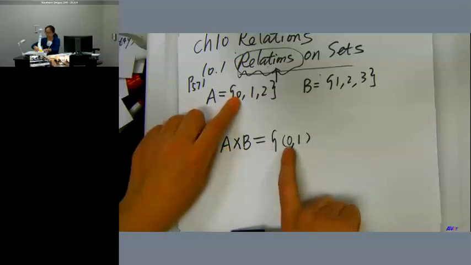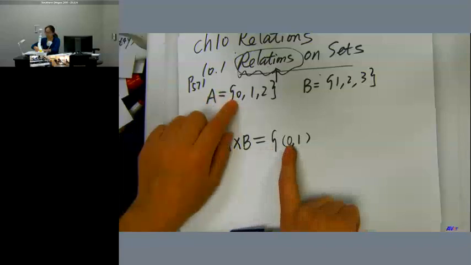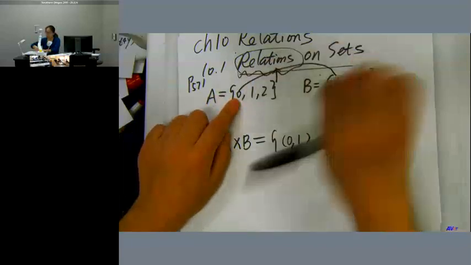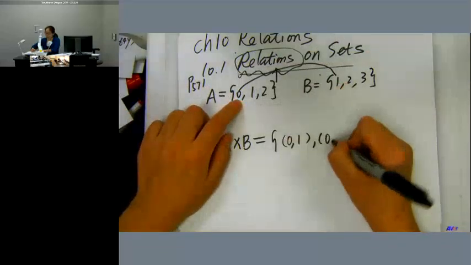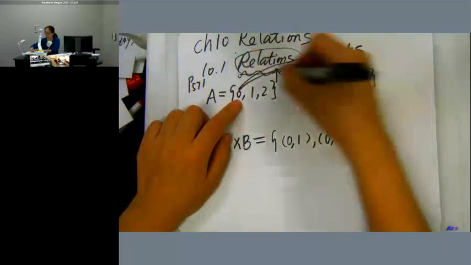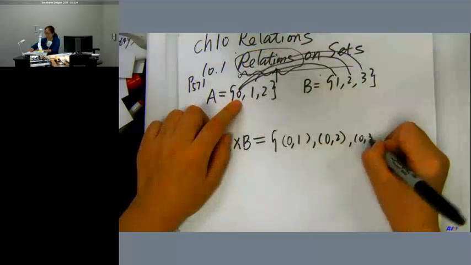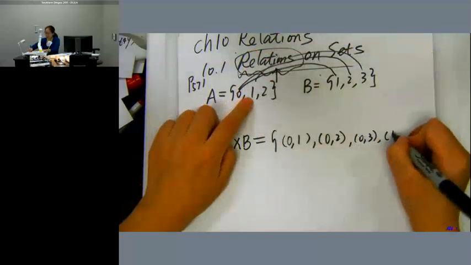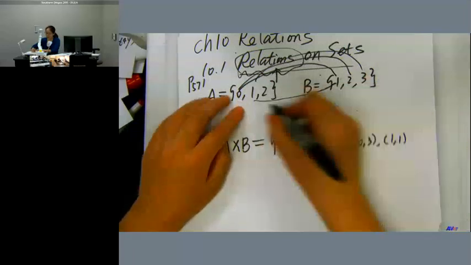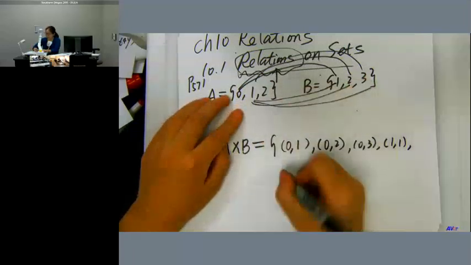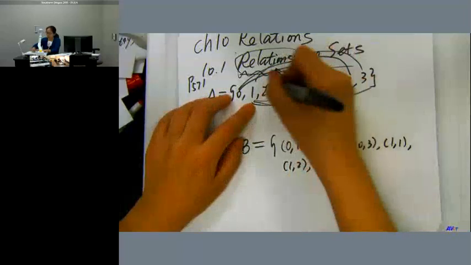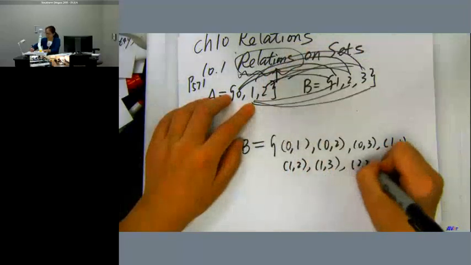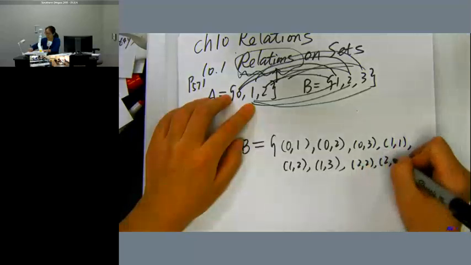The first component always comes from A. So you can have (0, 1): pick 0 from A, pick 1 from B. And you can pick (0, 2), and you can get (0, 3). And you can also do (1, 1), (1, 2), and (1, 3). You can also start with 2 to do (2, 1), (2, 2), and (2, 3).